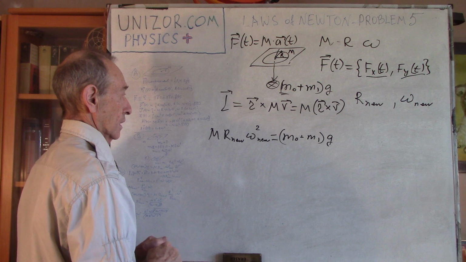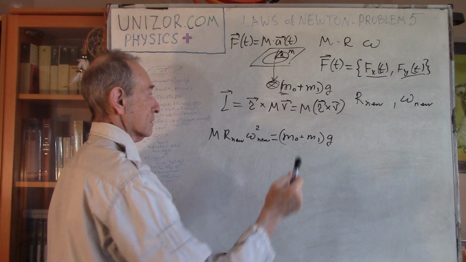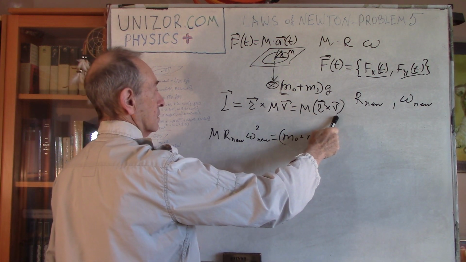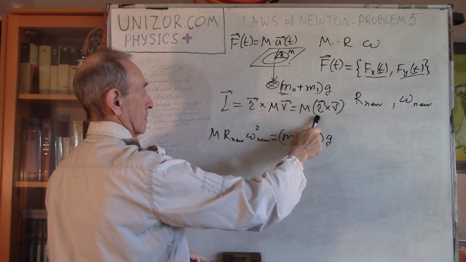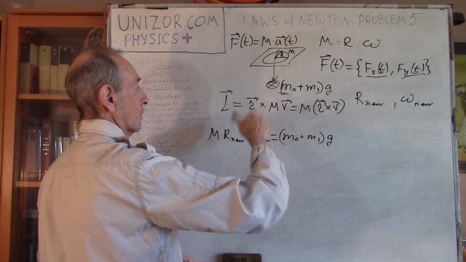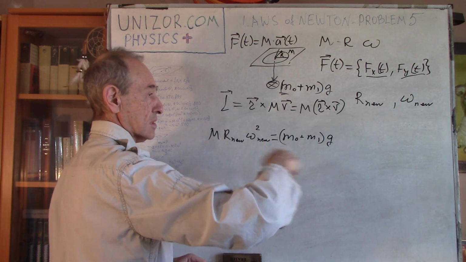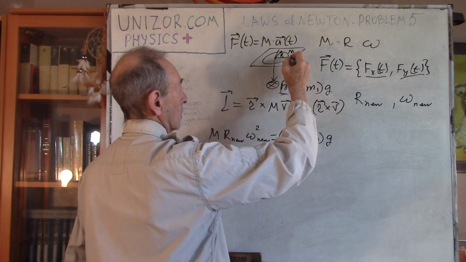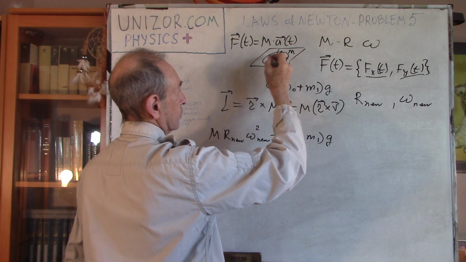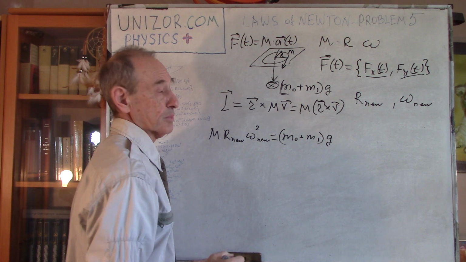Now, consider the vector of speed and the vector of position. Whenever we have a stable circular orbit, speed is tangential and radius is perpendicular to this.